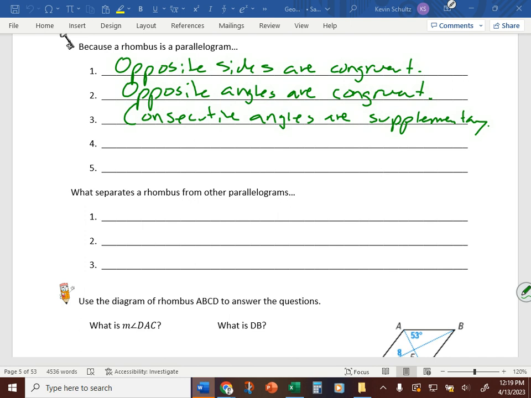Okay. Another one, Anthony. Diagonals of the parallelogram will bisect each other. Diagonals bisect each other. And the last one, Aiden? Opposite sides are parallel. Opposite sides are parallel.